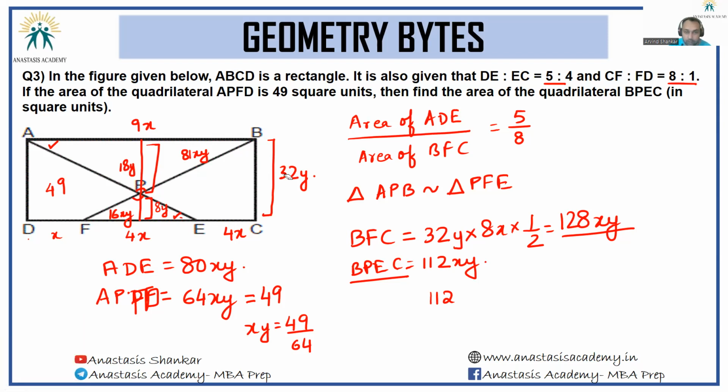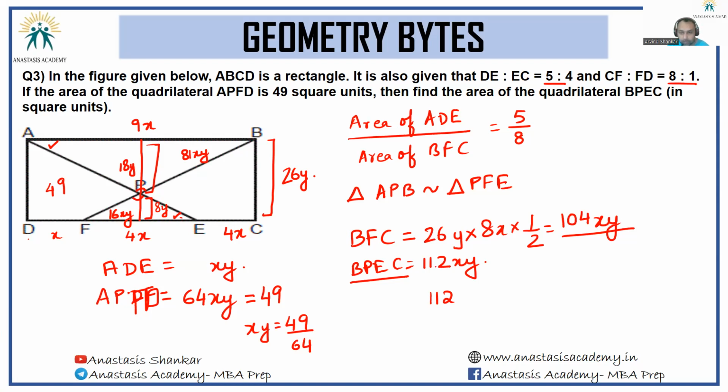18 plus 8 is not 32 people, it is 26. I have been living a lie. So it should be 26y, 26 into 4, no? 104xy, cool.